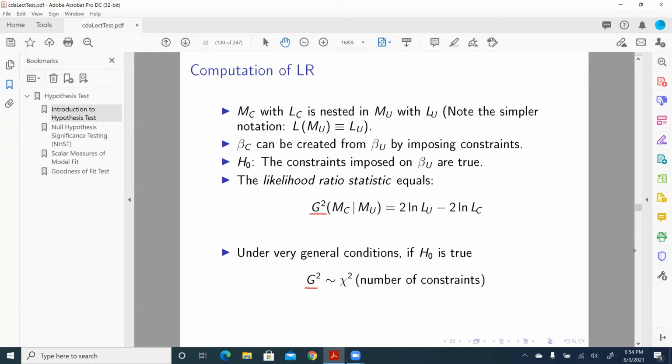So how many constraints do you have? Here we're talking about independent constraints. That's the degrees of freedom for this G square or chi-square, and you can use computer software, or check a chi-square table to figure out the probability.